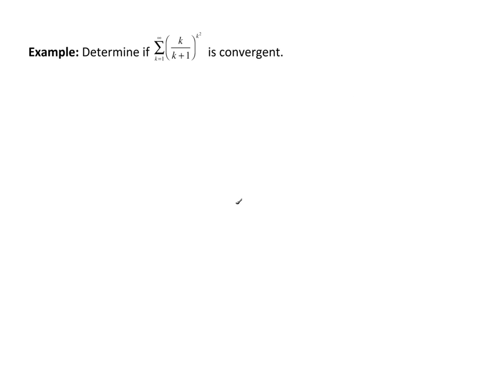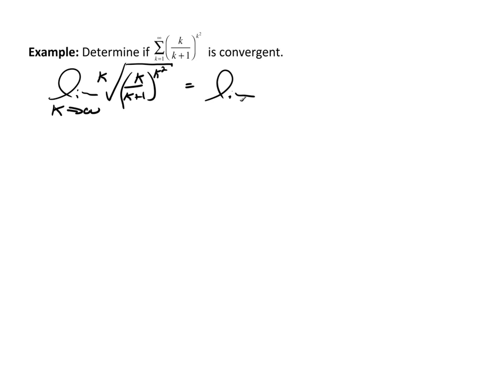Looking at another example, I have this series of (k over k plus 1) raised to the k squared. I'm going to take the limit as k goes to infinity of the kth root of (k over k plus 1) to the k squared. That's going to end up being the limit as k goes to infinity of (k over k plus 1) to the k.